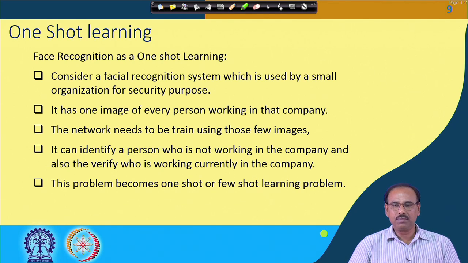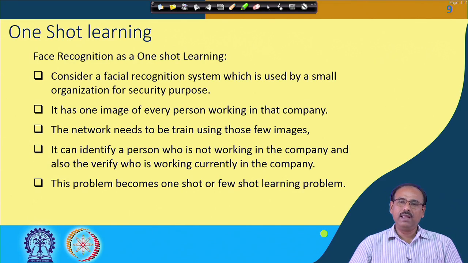In the same manner, when an employee joins, the organization may take a very nice photograph of that person. As the organization is small, the number of such photographs available for training is very, very small, not many photographs of a particular person. So the recognition system has to be trained using only those few photographs, or maybe some more photographs taken at random.